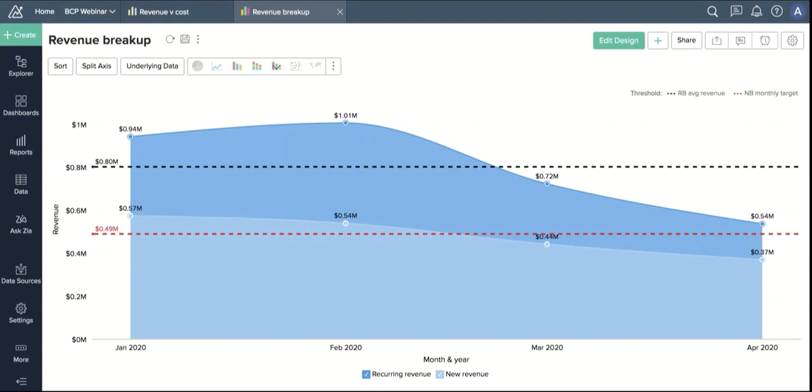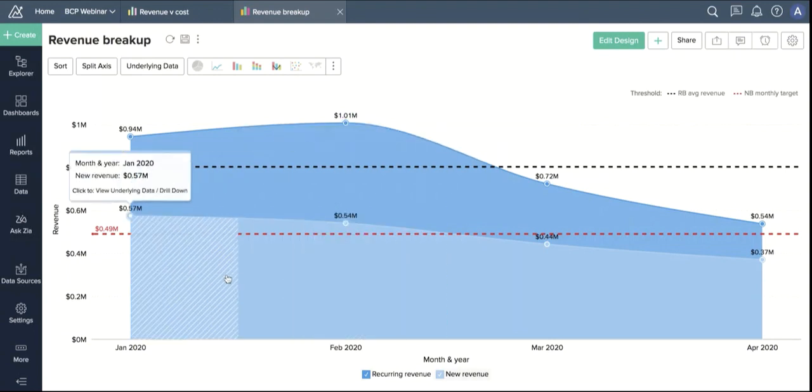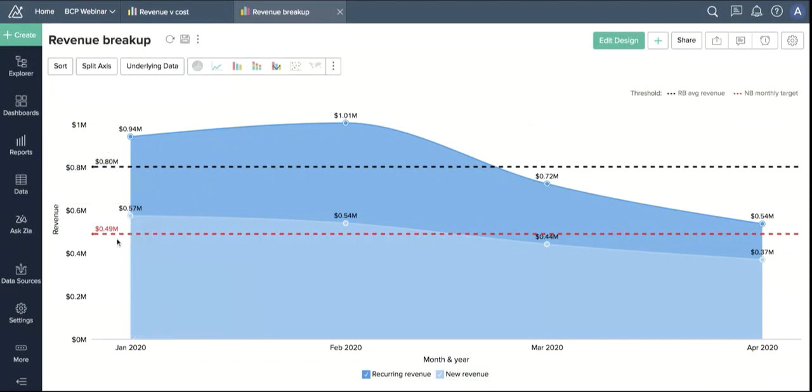As you can see, till the end of February, the recurring business has been performing pretty well, whereas from the beginning of March through April, it has taken a plunge. Whereas the revenue from the new business is pretty much flat. It has been consistent over the last 4 months, and the month on month target is indicated in the red dotted line, and it stands at 0.49 million.